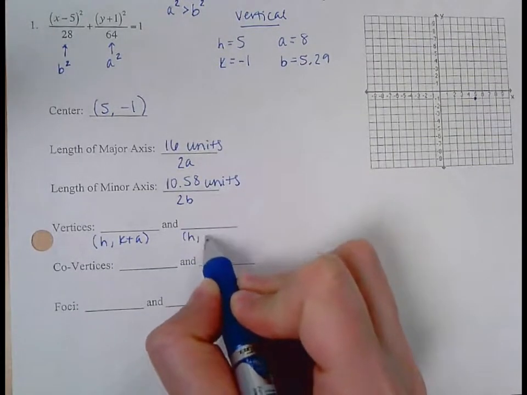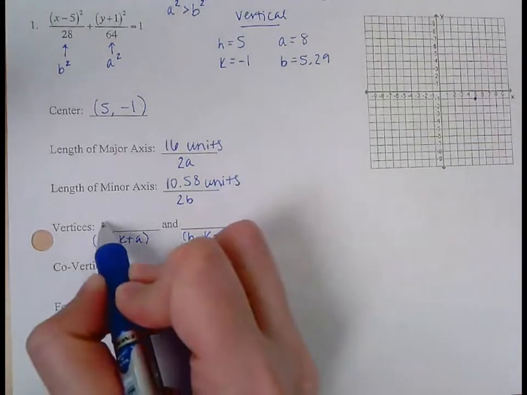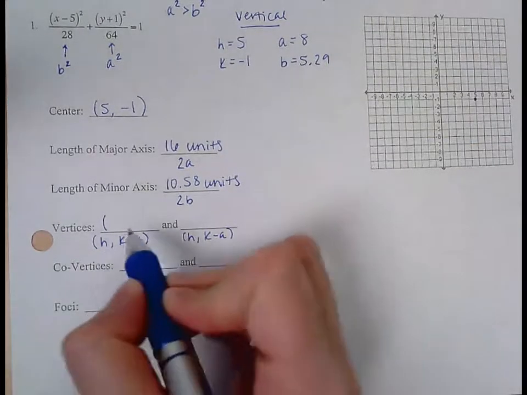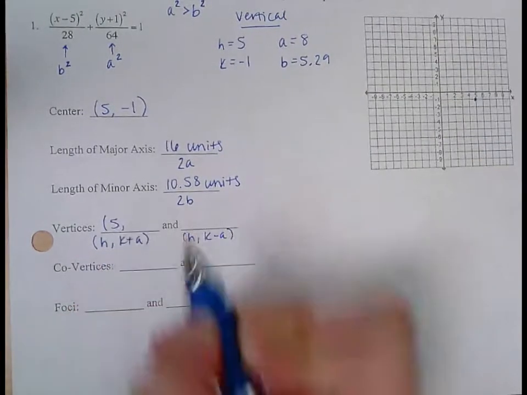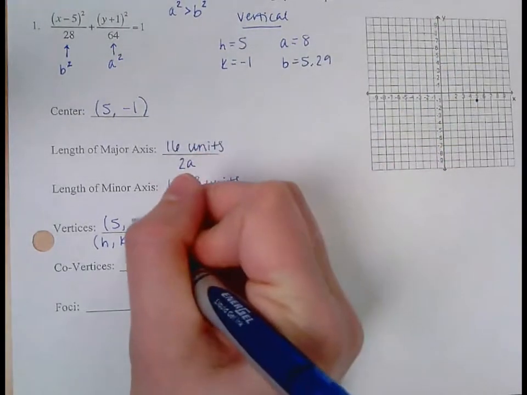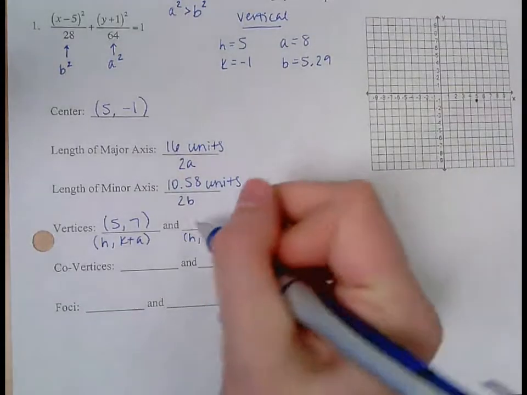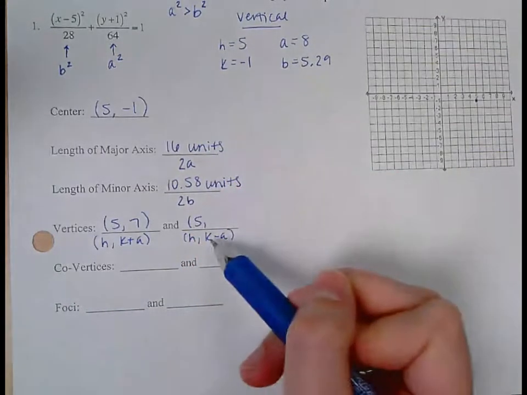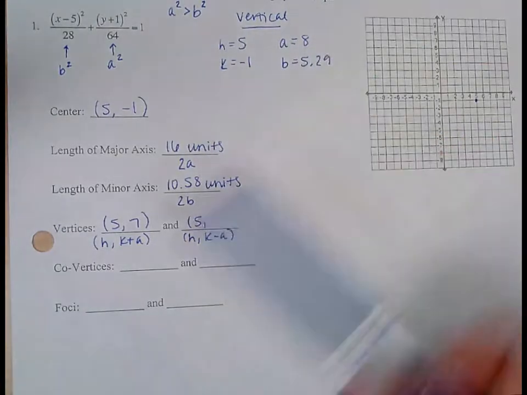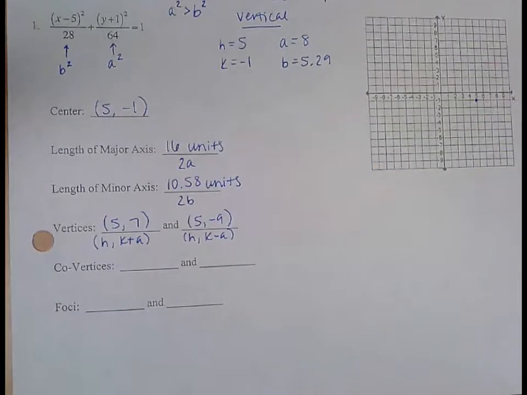The other one is H, K minus A for the y value. So that means one of my vertices is 5, and then k plus a, negative 1 plus 8 is 7. So 5, 7 is my top vertex. And then 5, k minus a, so negative 1 minus 8 is negative 9. That's my other vertex.